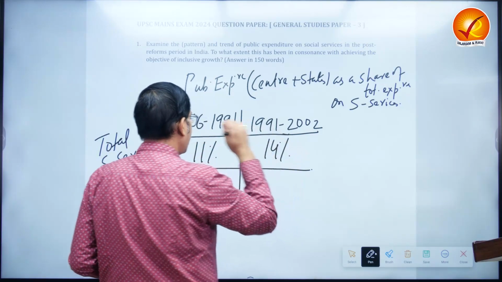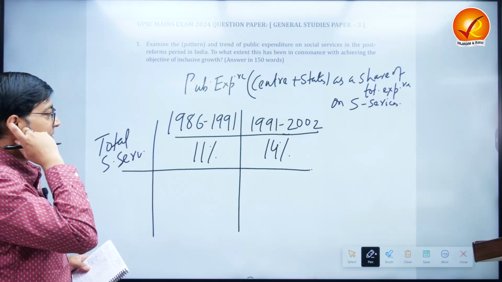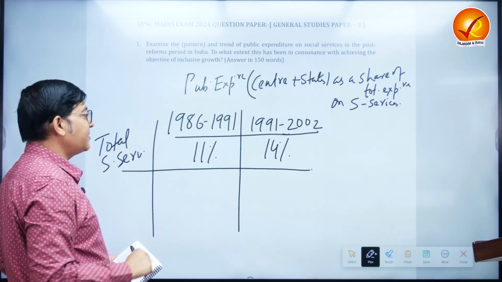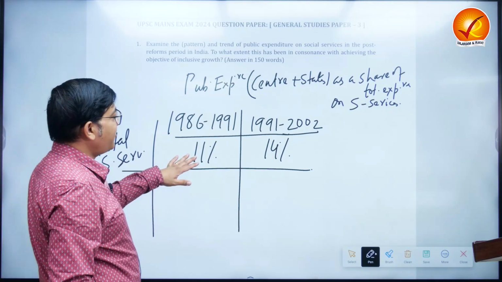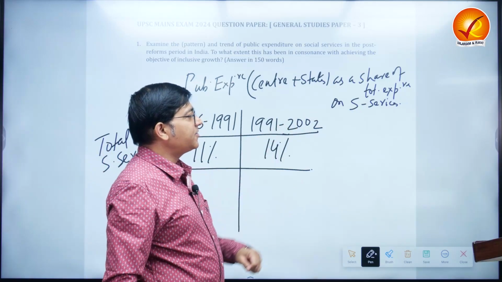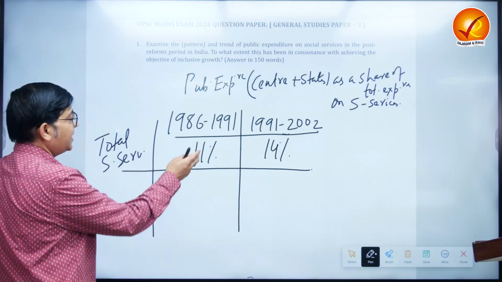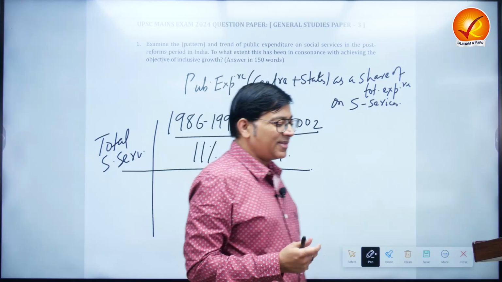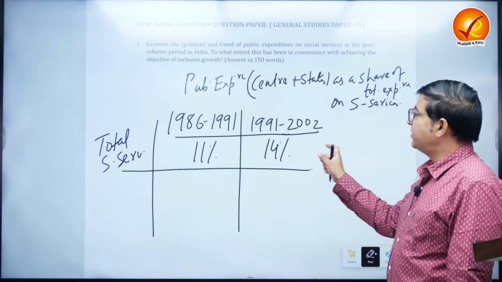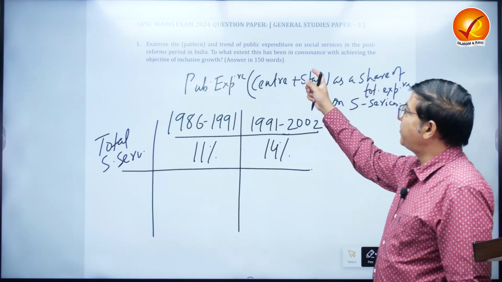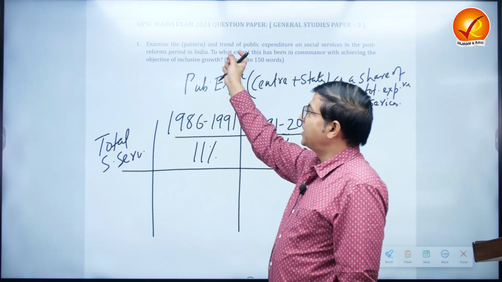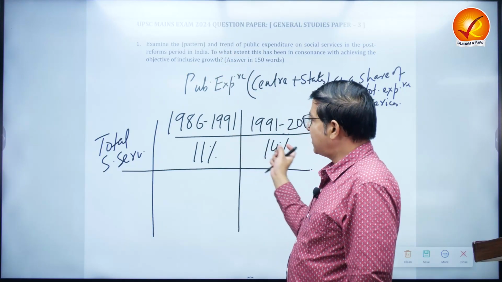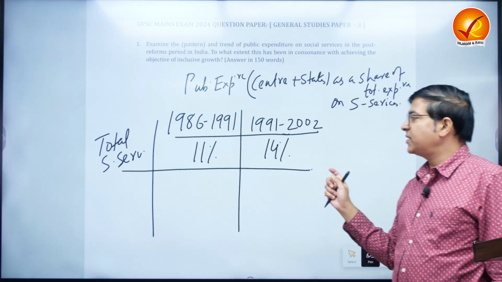These are all rounded off figures, because even if you remember a rounded off figure, that's a big thing. As in 11% of the total expenditure was on social services in the pre-91 decade, or say 7-8 years before that, which is increasing. So that is where we are talking about the trend. The overall trend is showing an increase.